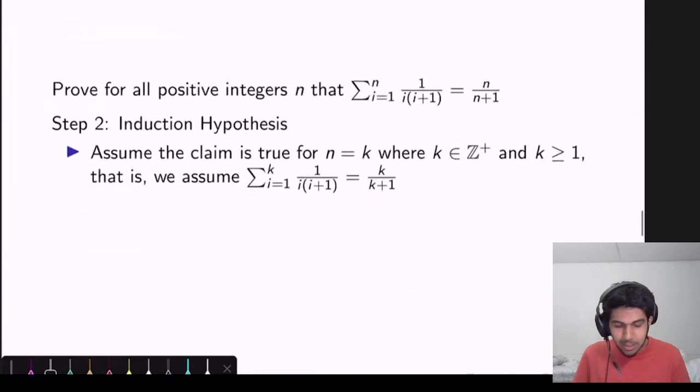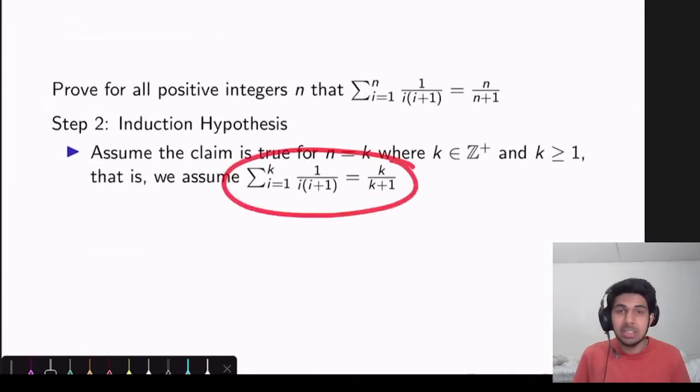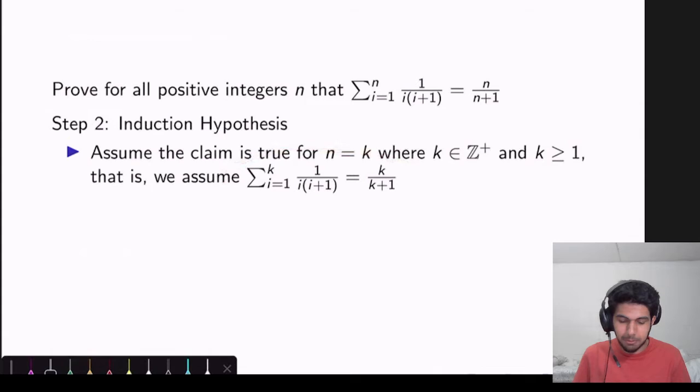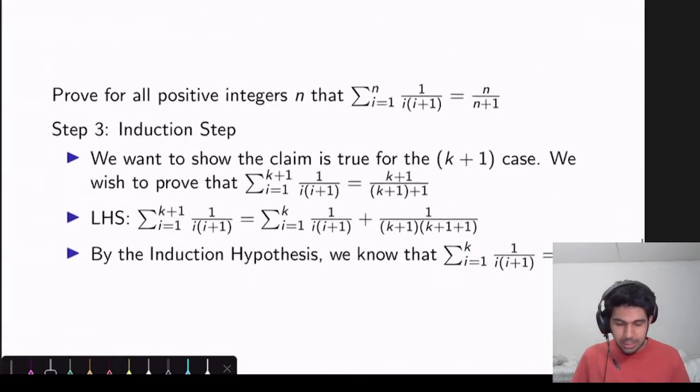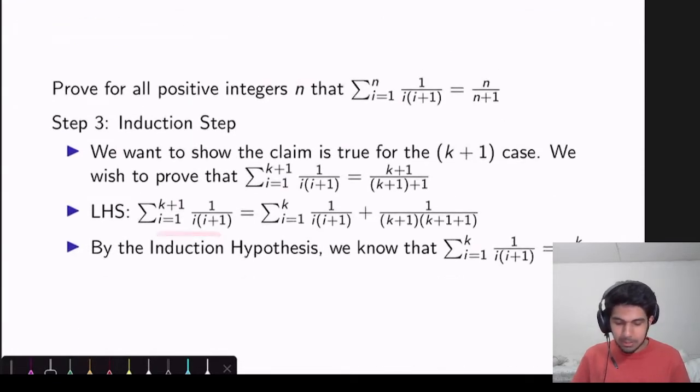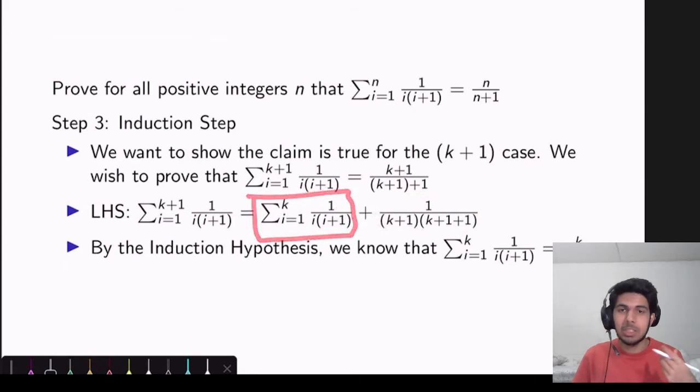Because in the induction hypothesis, we assumed this to be true. The sum from i equals 1 to k of this fraction equals k over k plus 1. And we want to use this in our math. So when we break apart this summation into the sum of these two terms, we see that this right here is what we assumed in the induction hypothesis.